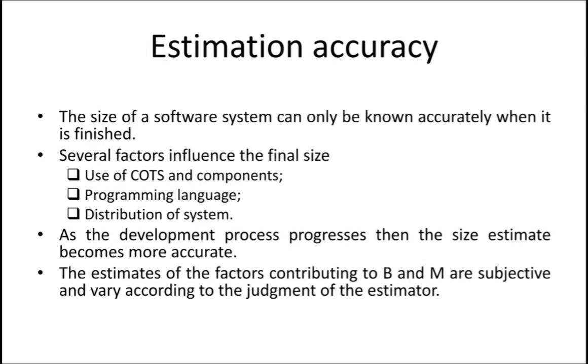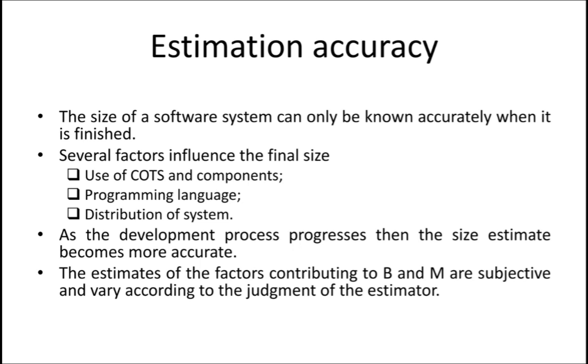And estimation accuracy. The size of the software system can only be known accurately when it is finished. Obviously, how will it be accurately known before it is finished? Several factors influence the final size of your software. For example, what programming language you use will definitely influence it.